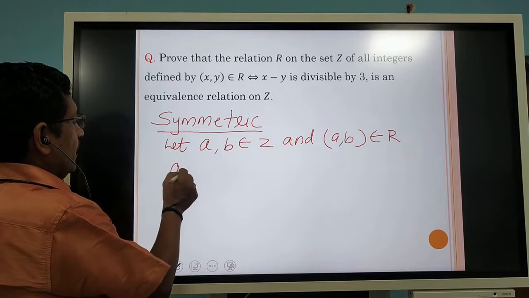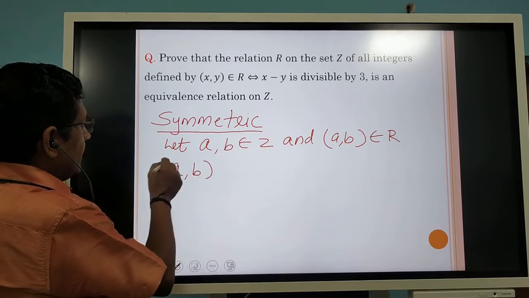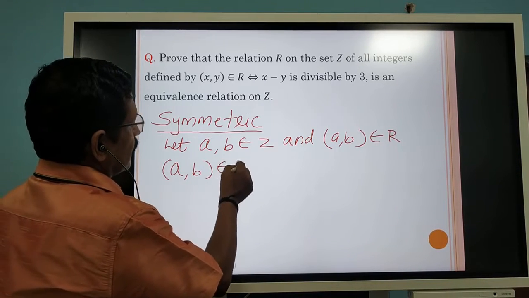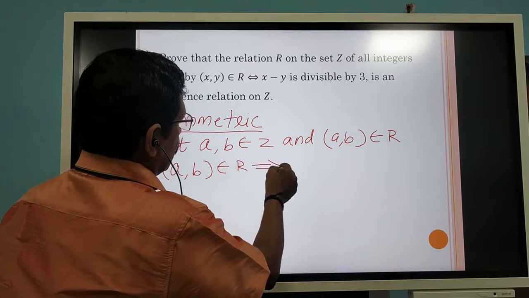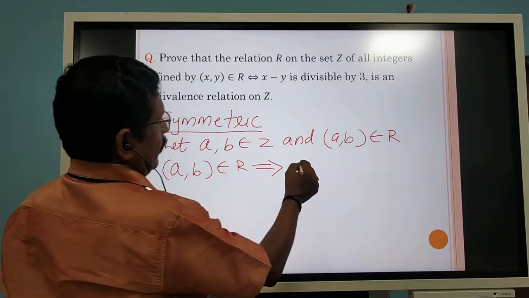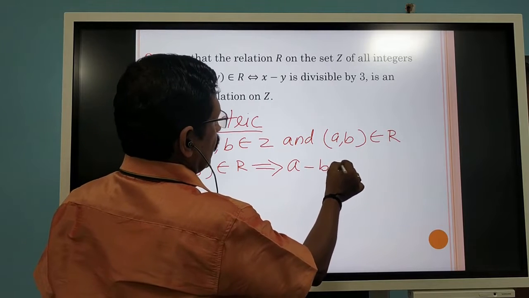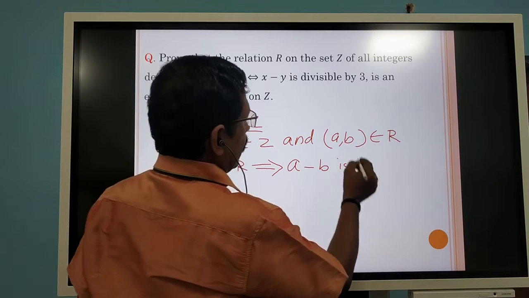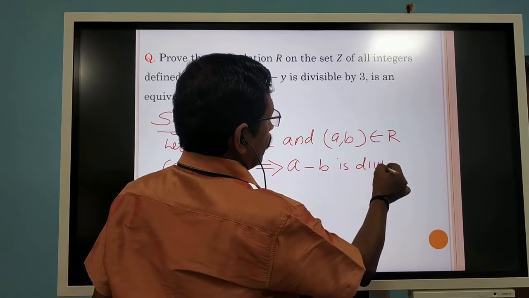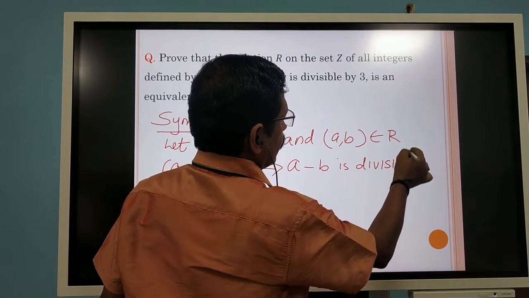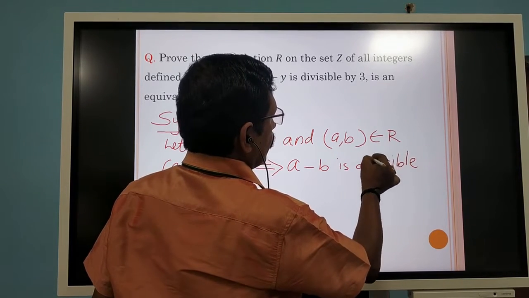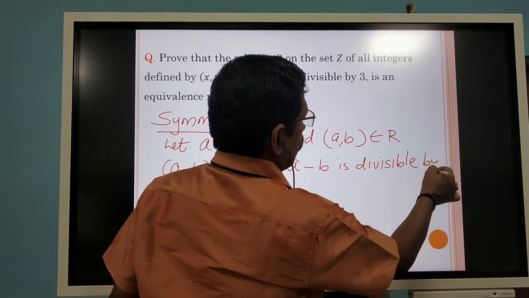Now, a related to b implies, as per the definition of the relation, a minus b is divisible by 3.